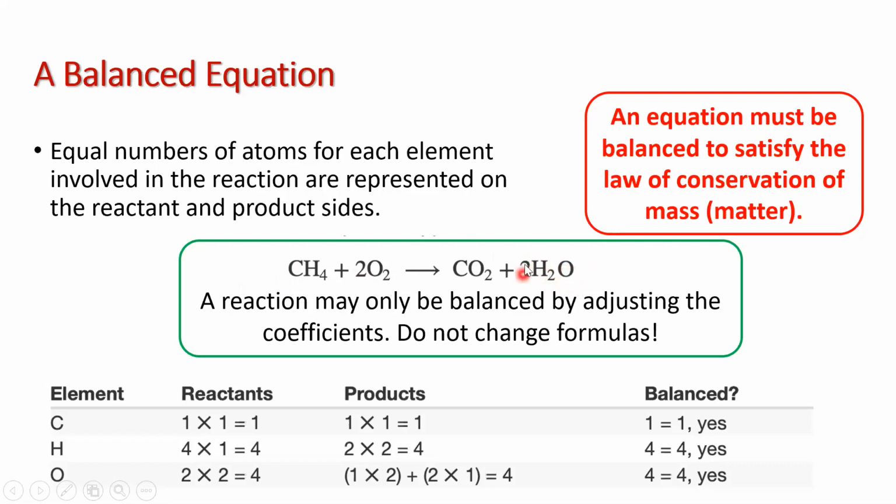But we can say we've got 2 waters. And we couldn't say O4 to balance out the oxygens because oxygen's diatomic, but we can say we have 2 of them. So when we balance equations, we can adjust the coefficients in front to get the atoms to be equal on both sides of the arrow in that reaction. We can't change what the formulas are.